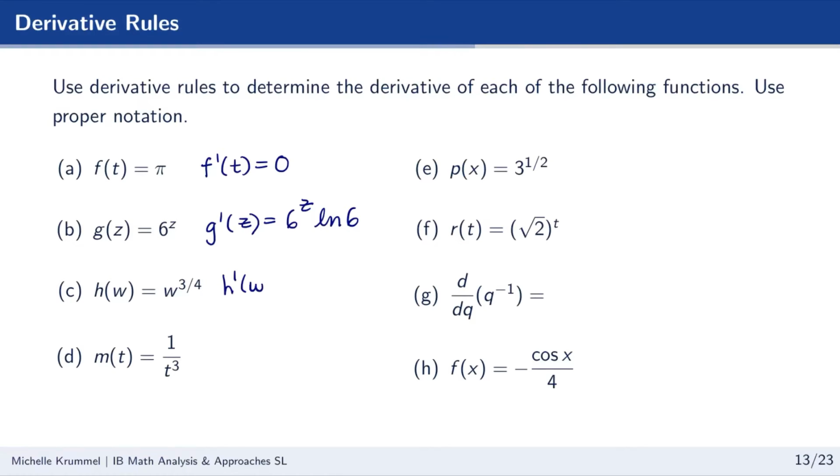H prime of w equals 3/4 w. Now I'm going to subtract 1 from the exponent, so 3/4 minus 1 is negative 1/4. If we want to write that without the negative exponent, 3 over 4w to the 1/4.